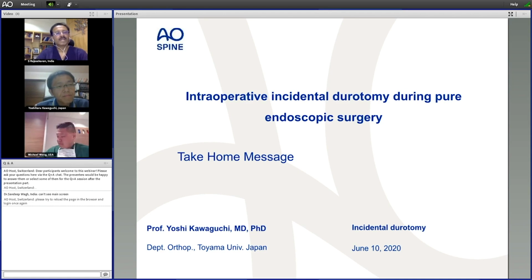There's another question: do you think the use of bone scalpels instead of diamond burrs helps? Diamond burrs pick up a lot of heat and can cause a thermal injury to the dura. So what do you think of bone scalpels and all these ultrasound instruments which are supposed to cause less injury to the dura? What's your experience, Michael and Yoshi?